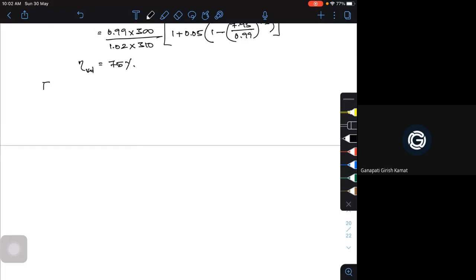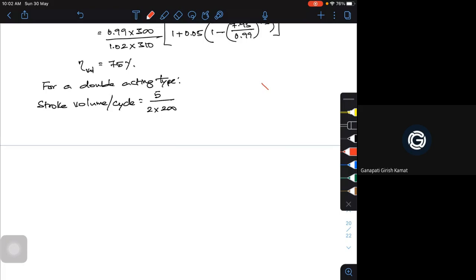So for a double acting type of compressor, the stroke volume per cycle is given by the volume flow rate, that is 5 divided by 2, into the speed, that is 200 rpm.